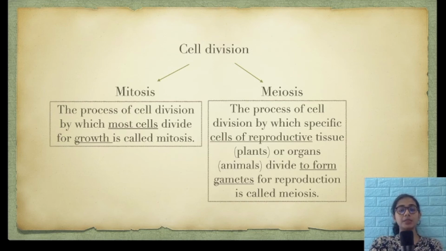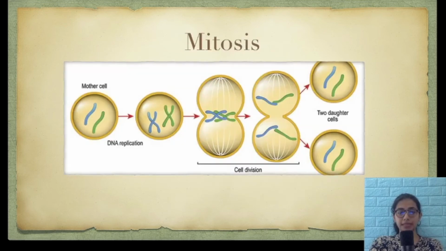So let's look into the first type in detail, mitosis. This is a very simplified diagram that will make the main points clear. Over here you can see that it starts with a mother cell, right? It first replicates its DNA, okay? That means it creates copies of its DNA, right? Then what happens? There is a literal division of the cell. The cell divides into two.